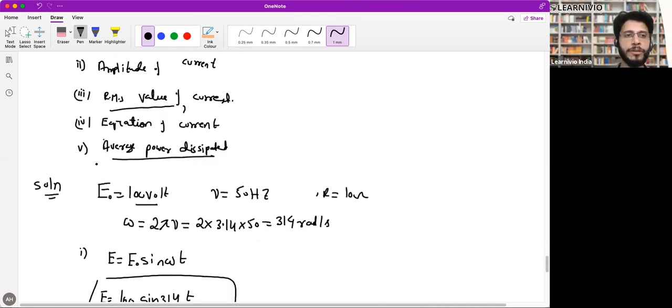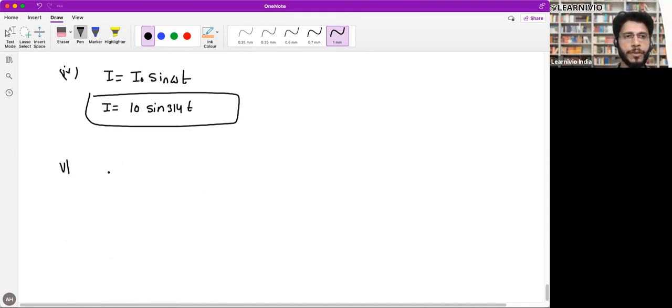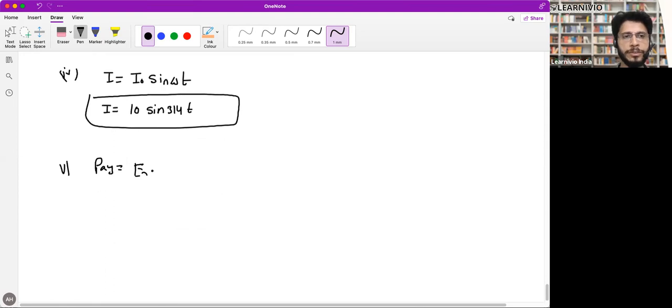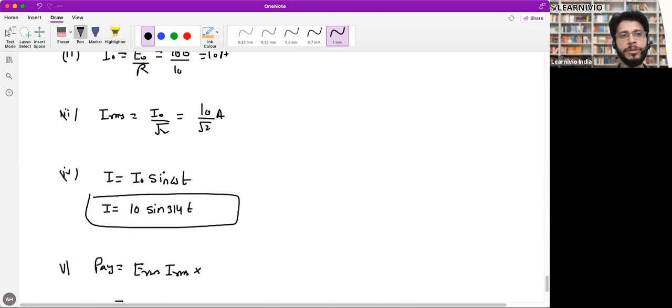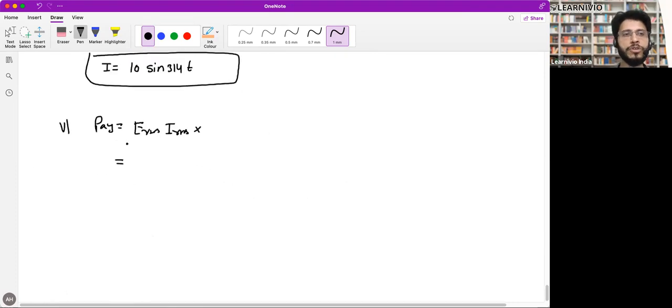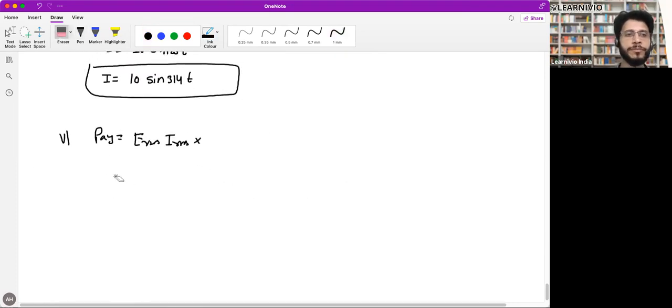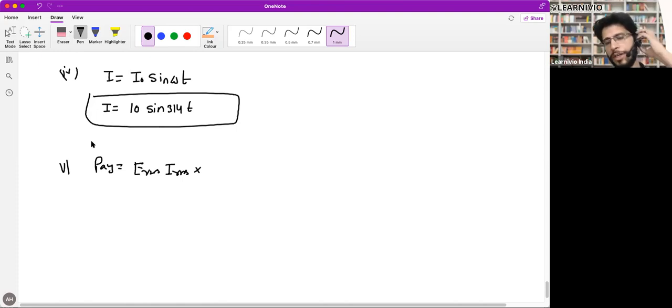Average power dissipated. P average is ERMS into IRMS into cos. ERMS is not given. E naught is given. Fatma, how will you calculate ERMS from E naught? Into 0.707.